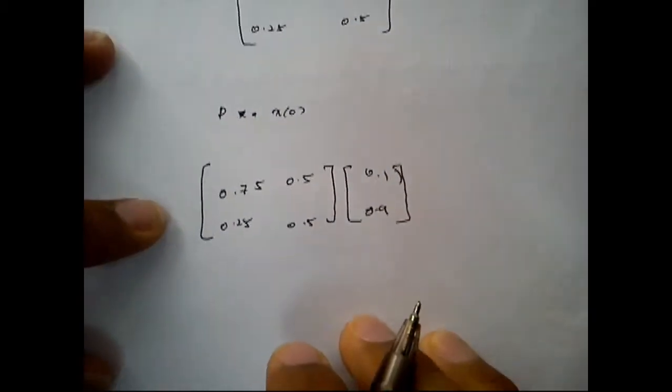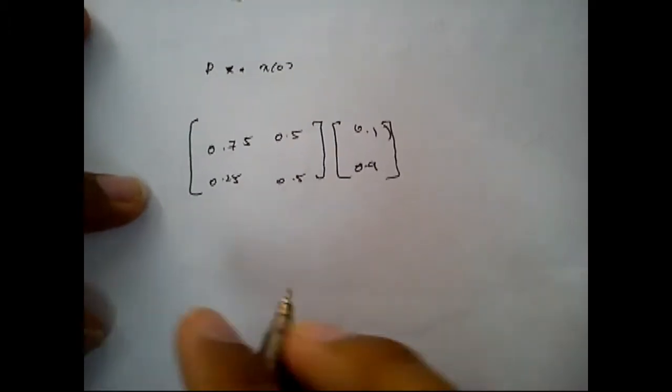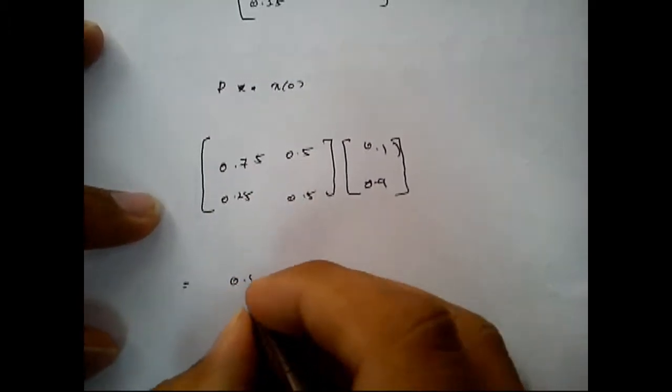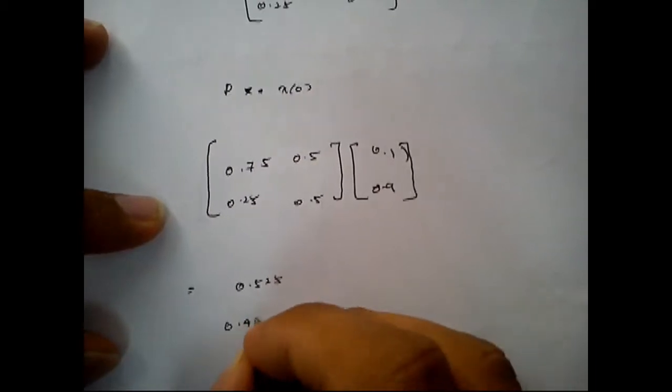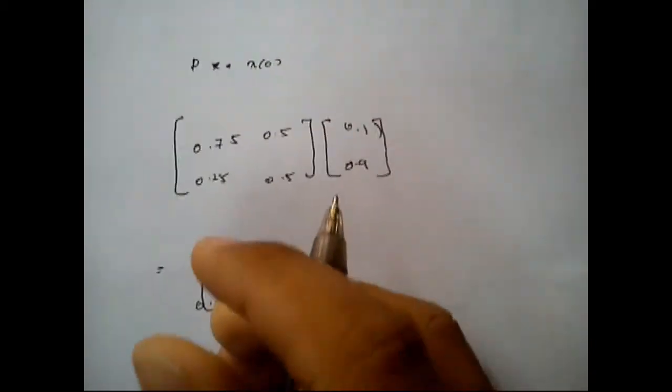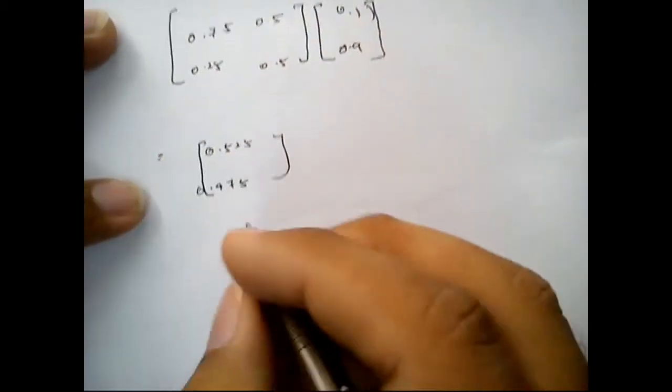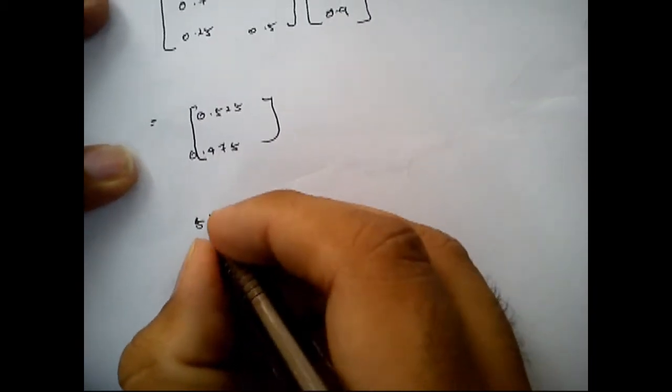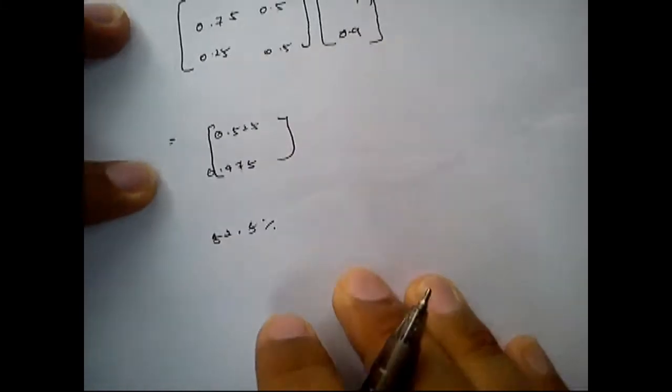So we do the multiplication and we will get the answer 0.525, 0.575. And the answer will be 52.5%. That's all. Thank you.